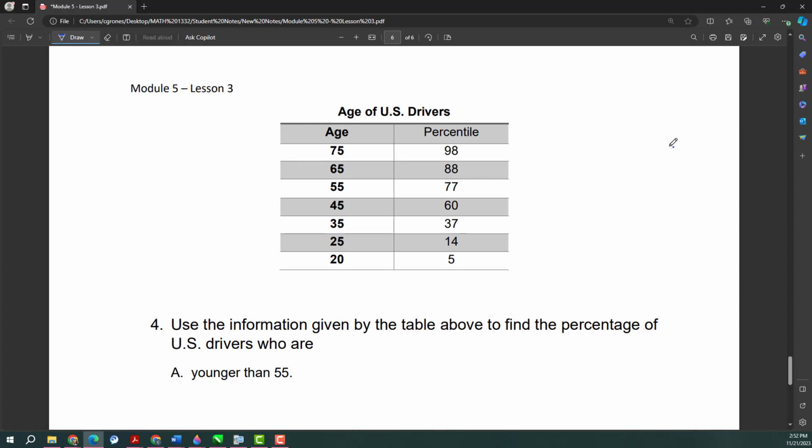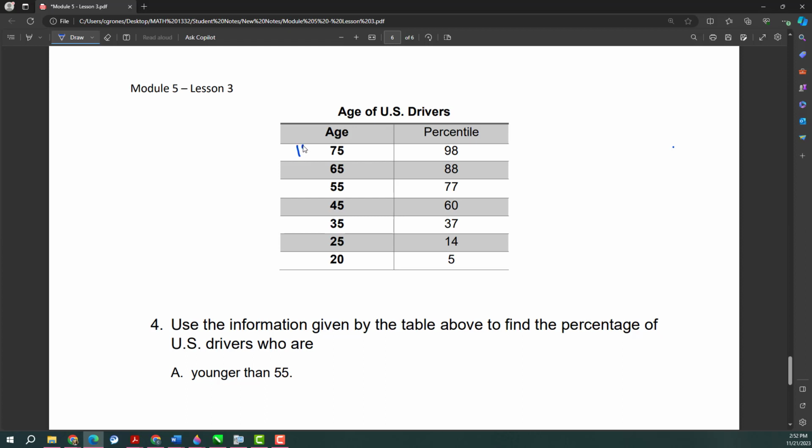All right, the last one that we're going to look at, we have a table and it says the age of U.S. drivers, and then they give us all these ages and then the percentile that corresponds with that age. So the way that this works is that on the first row, we have the age of 75. That's basically everybody who is 75 and below.